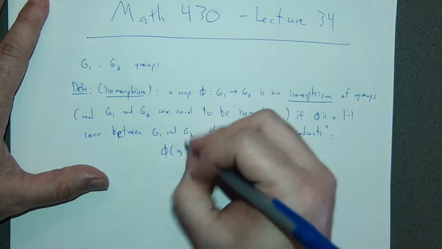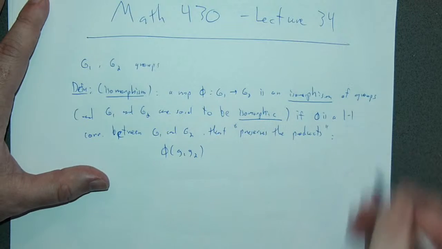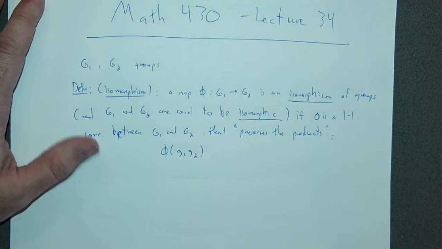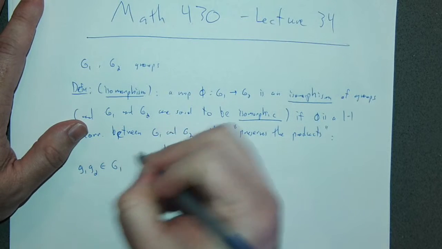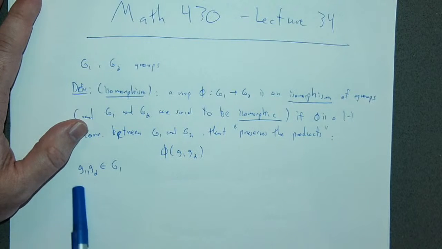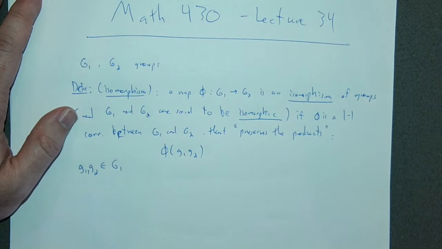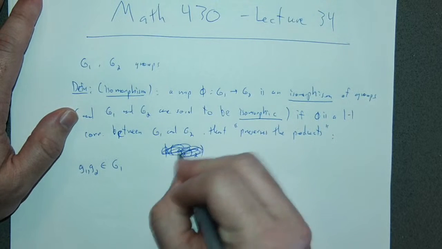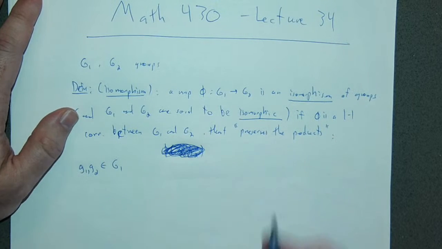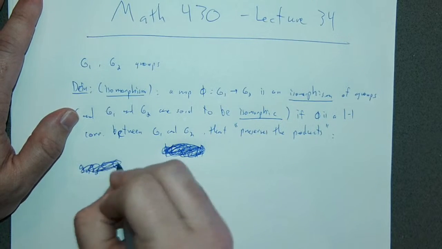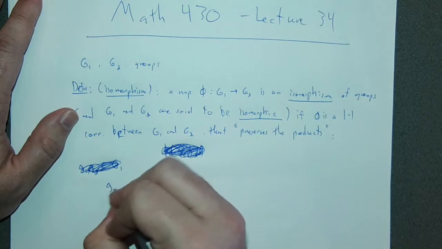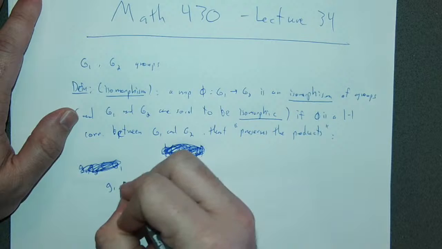So it takes a product of two elements, little g1 and little g2, that are both in big G1. I know this is confusing. So to make this less confusing, let me relabel this little g1 and little h1.